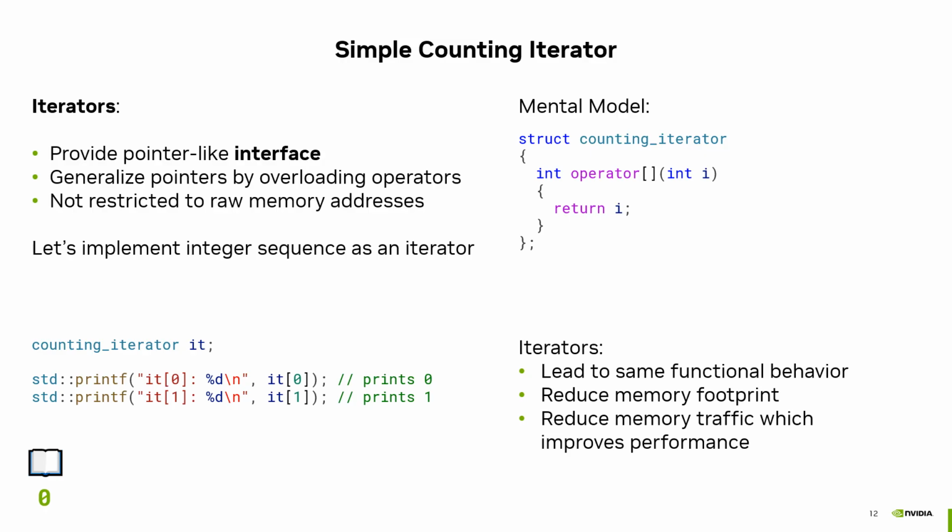They provide the same interface, think subscript operator, increment, etc., but they are not limited to actual memory accesses. The type we just explored is called a counting iterator. It presents an infinite sequence of integers without allocating a single byte. Here's its code just to help build a mental model, but you won't ever need to write one yourself. It's the concept that's important.